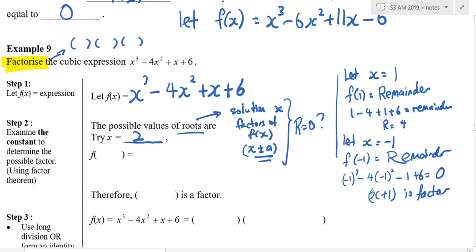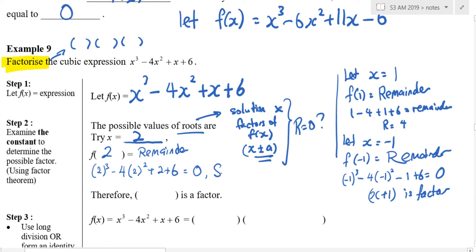Okay, now let us put in Vice's answer. Try x equals 2. This is 2, this is the remainder. And put in the 2 cube, 2 square, 2 plus 6 equals 0.